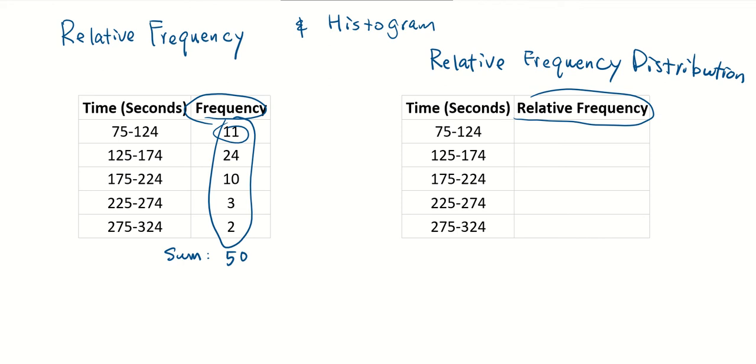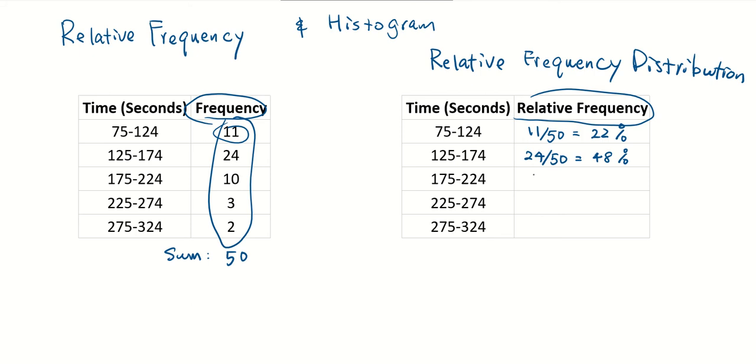So the relative frequency for the first class from 75 to 124 seconds will be 11 out of 50, which is 22%. Similarly, for the second, relative frequency will be 24 out of 50, which is 48%.